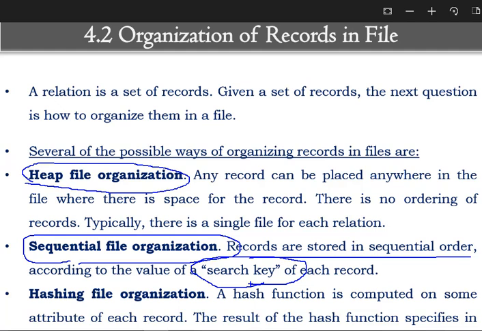Or else if you want to arrange your records in ascending order of student name, for example the names of students which begin with letter A should be at the top of the table, and then B, C, D, like this. So whenever you are dealing with sequentially ordered data, you have to use sequential file organization.